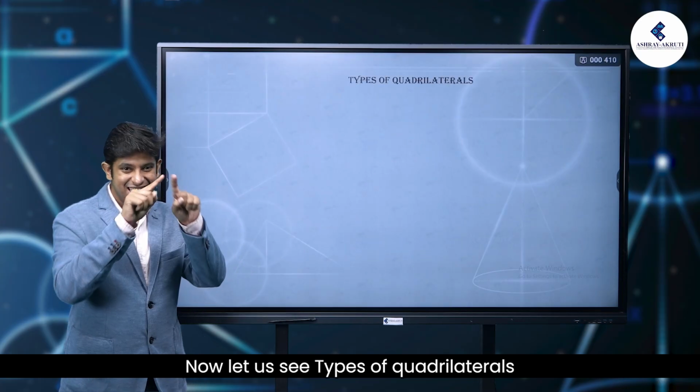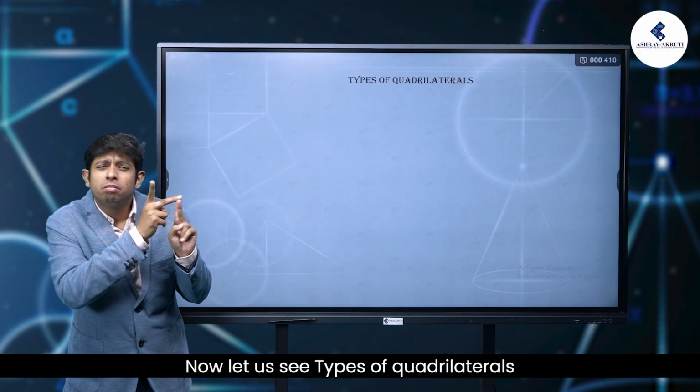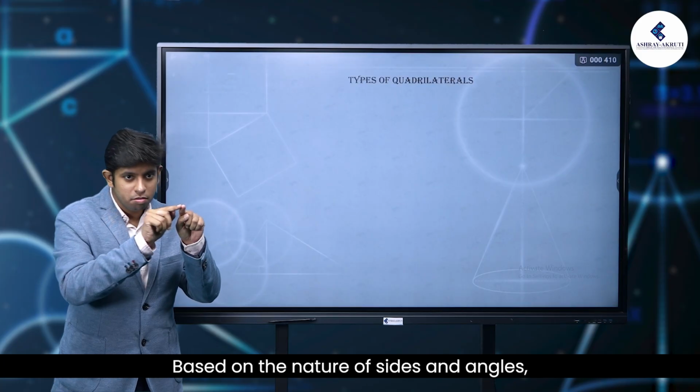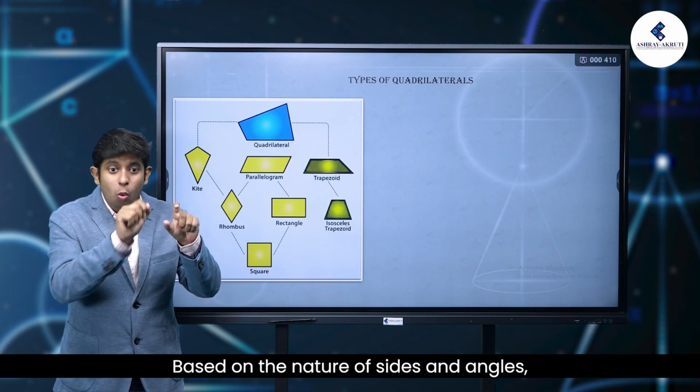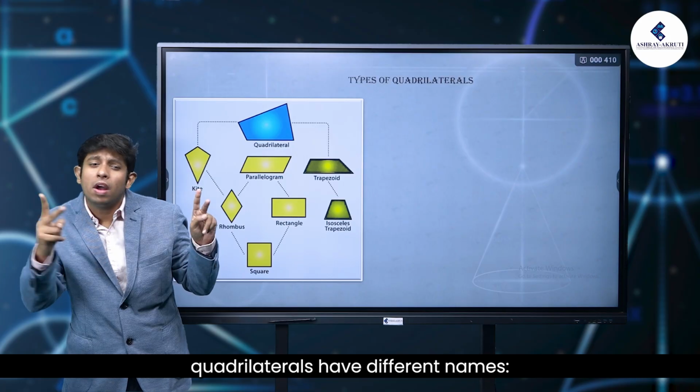Children, now let us see types of quadrilaterals. Based on the nature of sides and angles, quadrilaterals have different names.